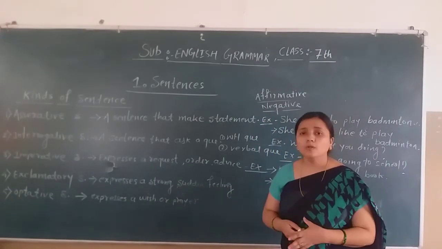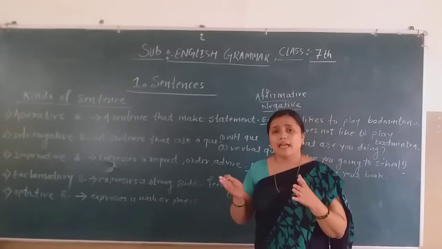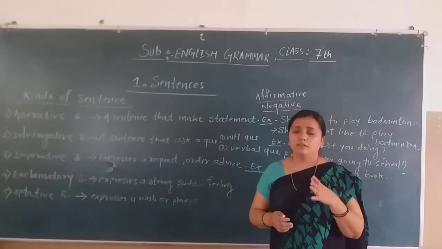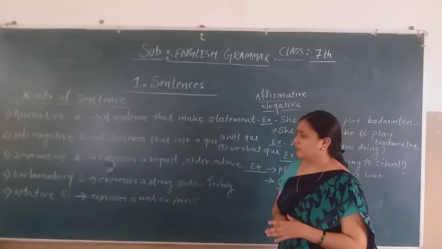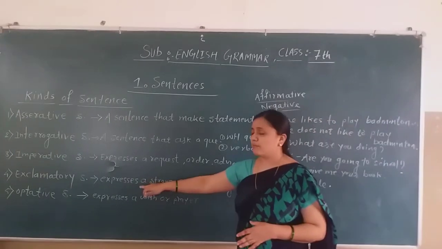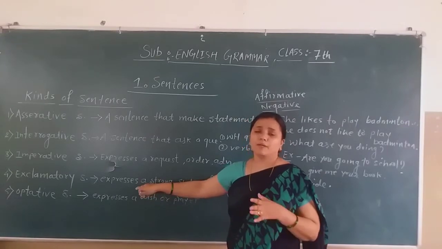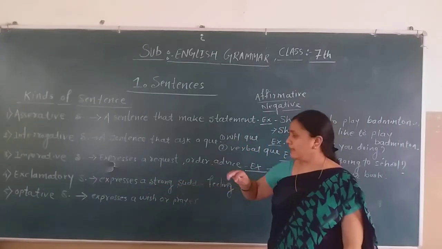And as we all know, the exclamatory sentence ends with the punctuation mark of the exclamation sign. We always end any exclamatory sentence with a proper punctuation mark. It means the exclamation sign.